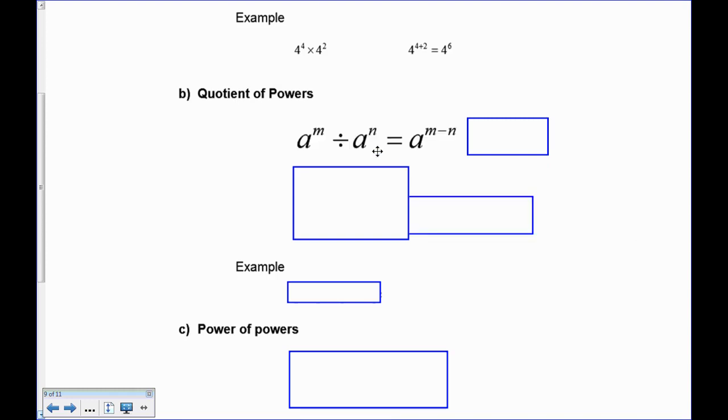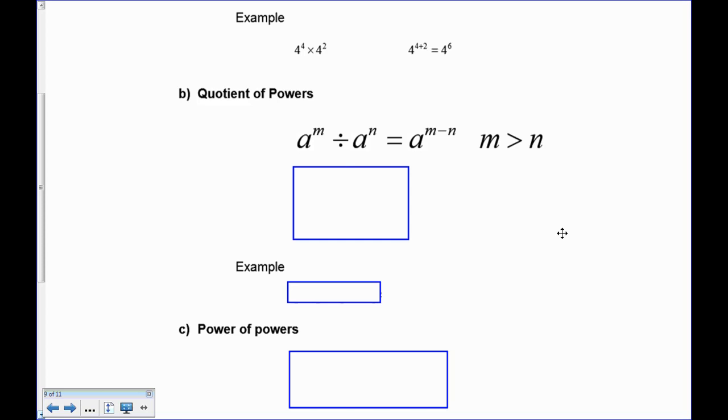This is your review for your quotient of powers. You have a to the m divided by a to the n equals a to the m minus n. So when you have a division occurring between two powers that have the same base, we subtract their exponents. Now there is a little bit of a rule here. The m cannot be greater than the n here because in our rules we're not dealing with negative exponents.